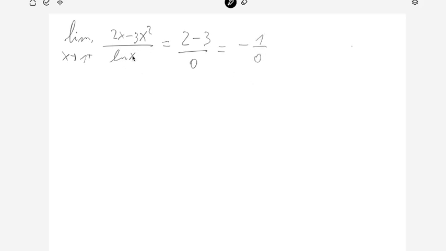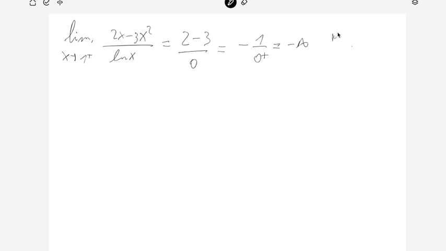Well, the logarithm of x minus 1 is a negative number. 1 plus, 1 minus, it remains negative because it is far from 0. The logarithm of x, when x is greater than 1, is greater than 0. So in this case we have 0 plus. Minus 1 over 0 plus is minus infinity, because 1 over 0 is infinity and the sign is minus.